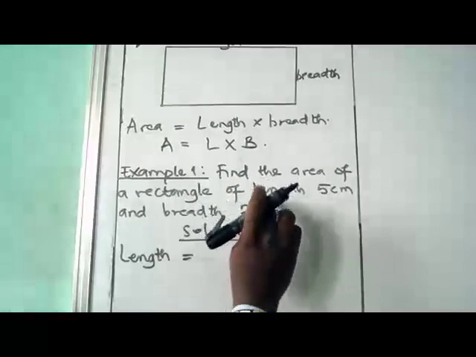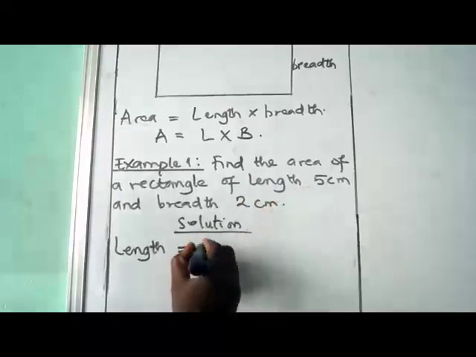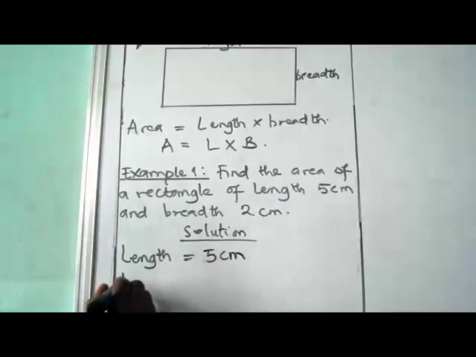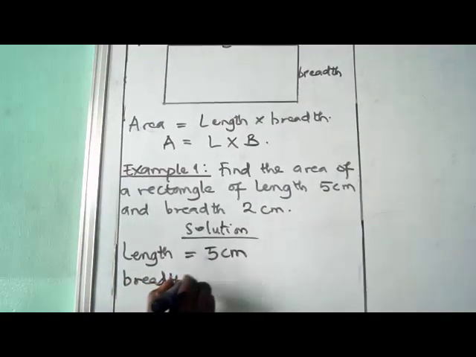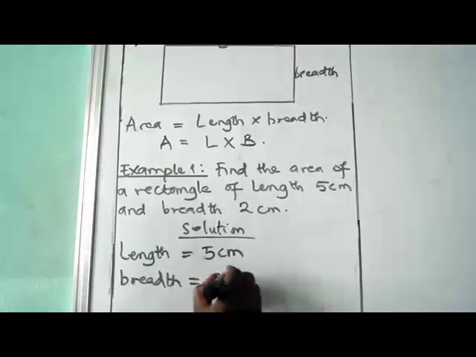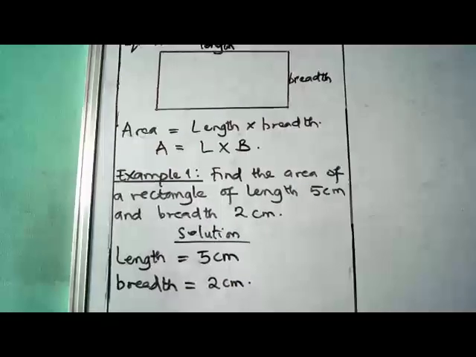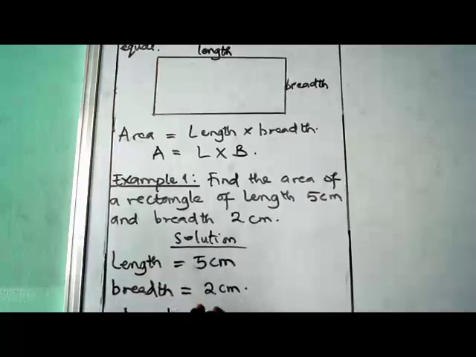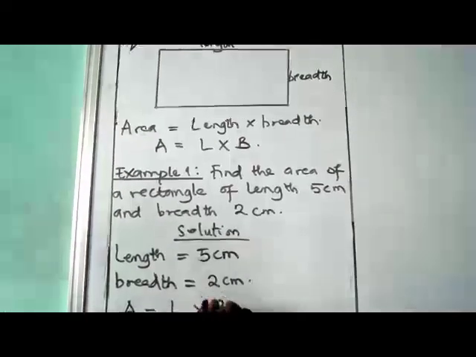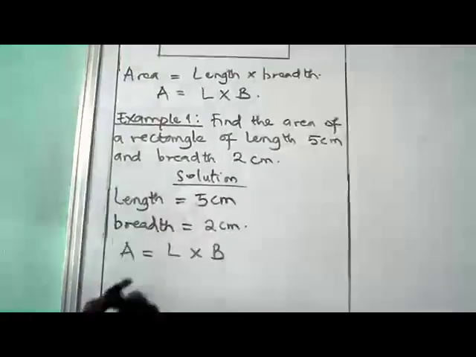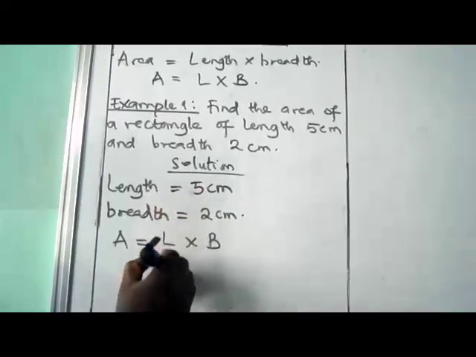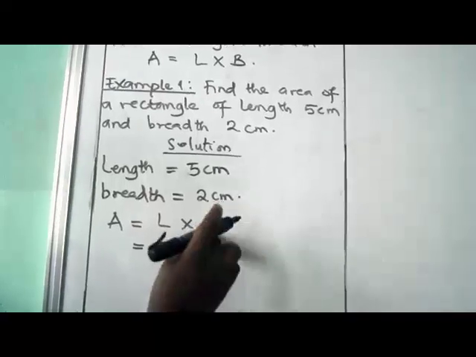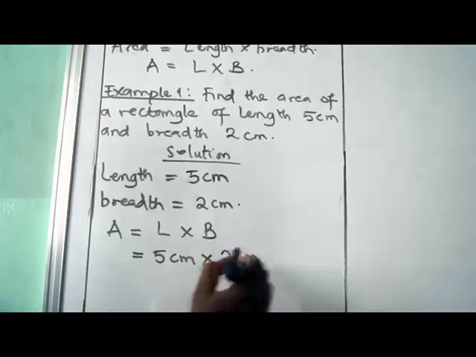So we are told that the length is 5 centimeters, while the breadth from the question is 2 centimeters. And we should not forget, we write out the area. Area equals what? Good. Length times breadth. So the length given here is 5 centimeters, and the breadth given is 2 centimeters.